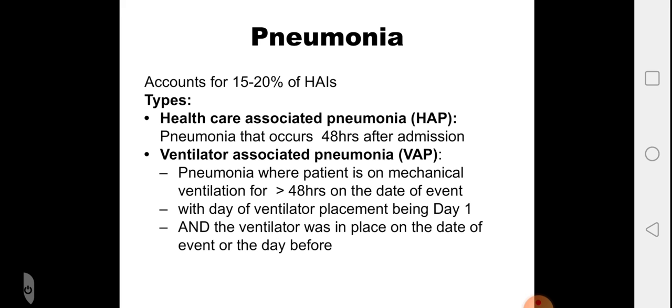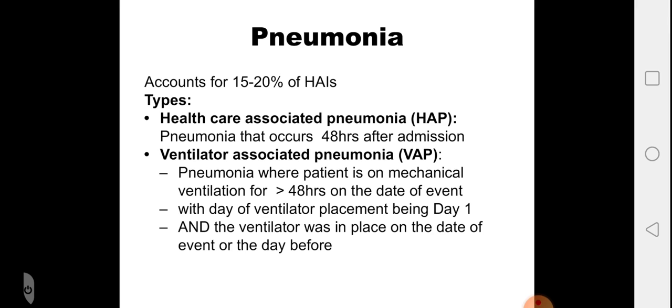Next, let us move on to pneumonia. It accounts for about 15 to 20% of healthcare associated infections. Looking at the types, it can be healthcare associated pneumonia, where the pneumonia occurs 48 hours after admission. Next type is ventilator associated pneumonia, wherein the pneumonia develops in a patient who's on mechanical ventilation for more than 48 hours.